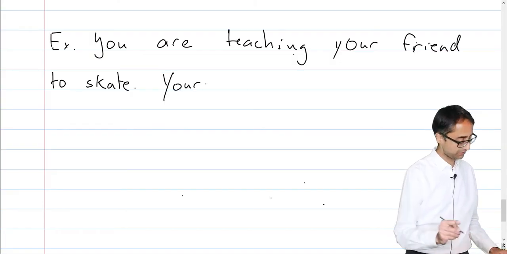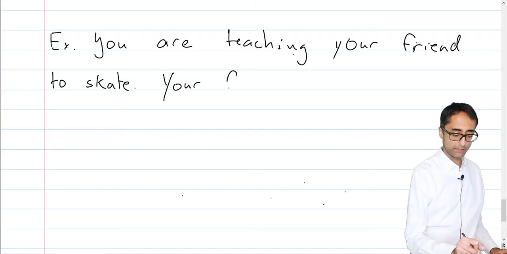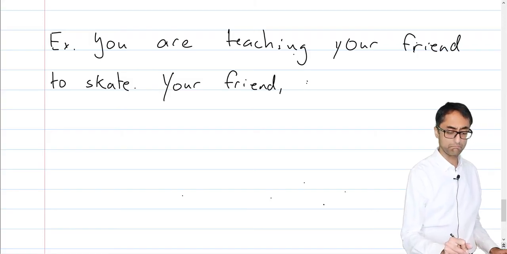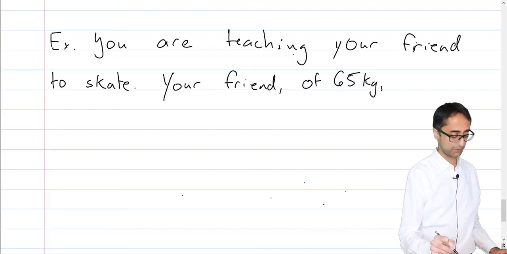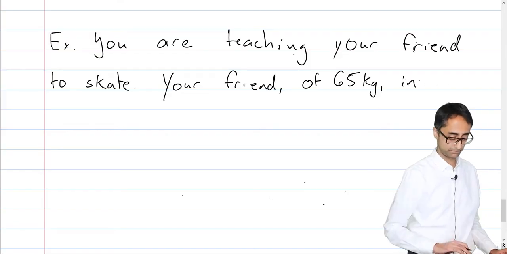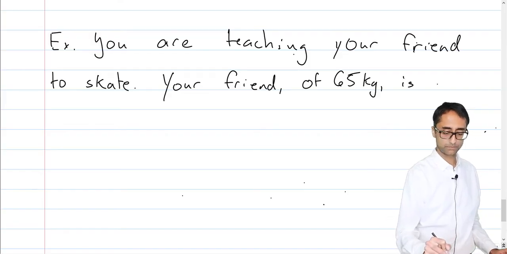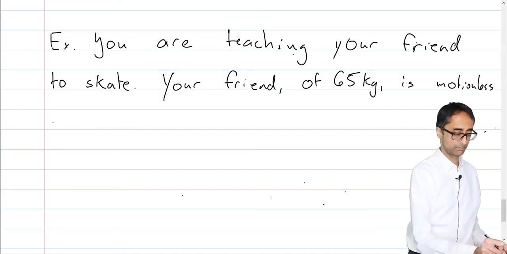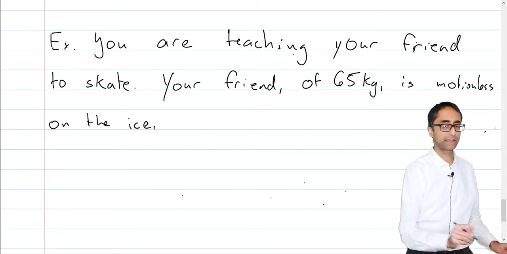And so we don't want to take into account friction. Your friend, let's say, has a mass of 65 kilograms, is motionless on the ice.